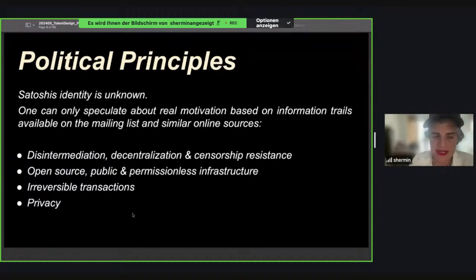Now, this next one is a bit controversial. Many early Bitcoin enthusiasts propagated the idea of the immutability of the code. But this was never mentioned in the source code. What was in the white paper or in the original online sources where the people were chatting about how to design the system was the fact of making transactions irreversible, but for a very pragmatic reason, of making the system less manipulation resistant.